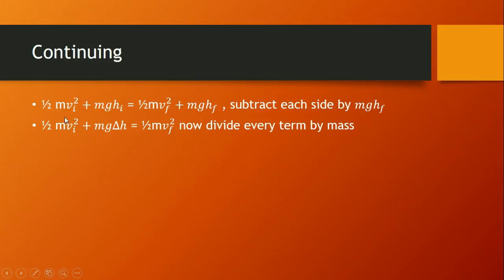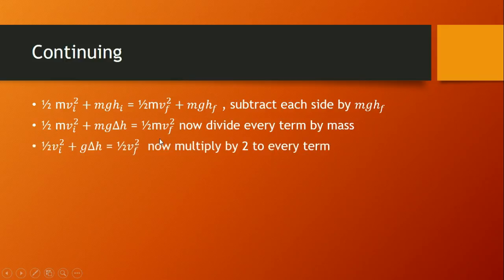So if we cross out all the masses, we will get 1/2 v sub i squared plus g delta h equals 1/2 v sub f squared. So if we multiply 2 into every term, these 1/2 cancel out and this one gets a 2, and we will get this equation.